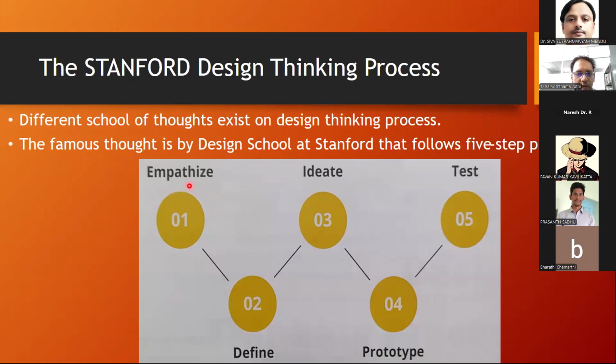The stages are: stage 1 is empathize, stage 2 is define the problem, then ideate, make the prototype of the model, and then go for testing. These are the 5 stages suggested by the Stanford design thinking process.